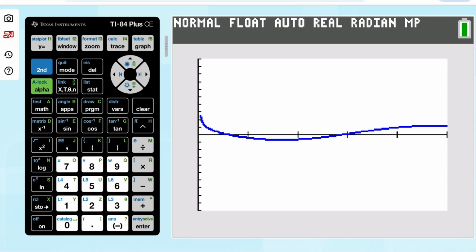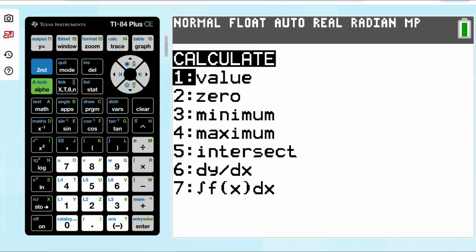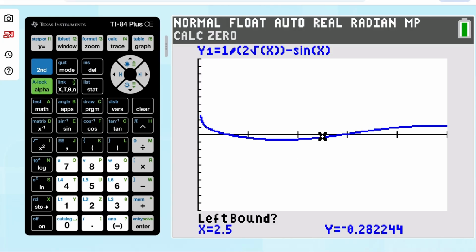And we'll hit graph, and we can see that there are 2 different places where this equals 0. So we'll hit second, trace, option 2 for 0.